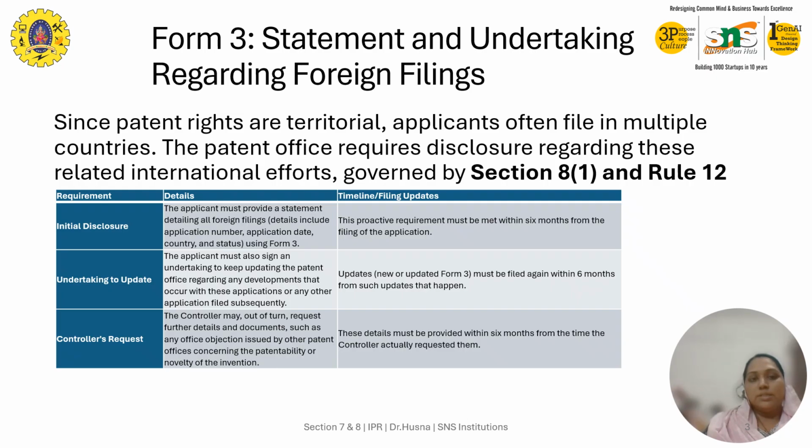So why it is important: Form 3 ensures transparency, which helps the examiner understand how other patent offices are treating your inventions. Even though different countries have different patentability standards, examining the foreign status of applications gives useful insight.